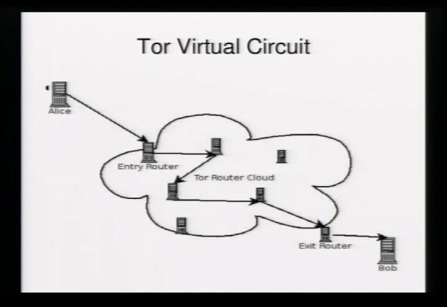That established characteristic is important for the remainder of the talk, and we'll talk about that a little bit more later. But the links between Alice and the entry router are unencrypted. From there, the rest of the traffic is completely encrypted as it's bounced around through the router cloud. And finally, it hits an exit router, which is randomly selected, and then traffic is unencrypted for eventual communication to the actual server that Bob is running. Nice concept.